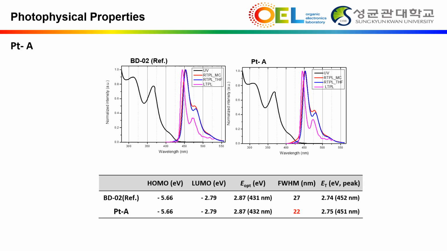The photophysical properties were evaluated for PtA material, as the PtB material is still in the process of synthesis. The HOMO and LUMO level measured through CV showed almost the same value as the reference material. The FWHM of PtA is narrower by about 5 nanometers, indicating the effect of strong steric hindrance.